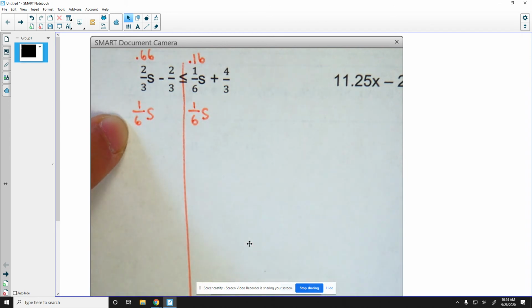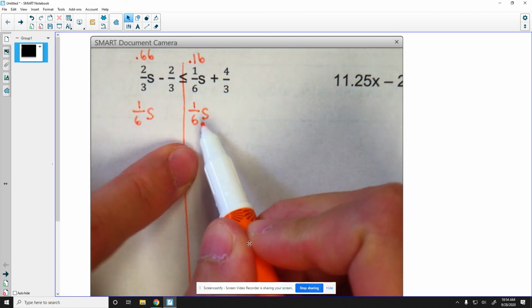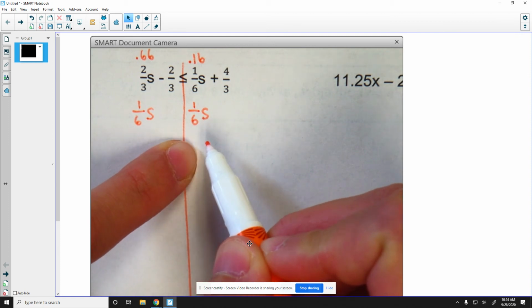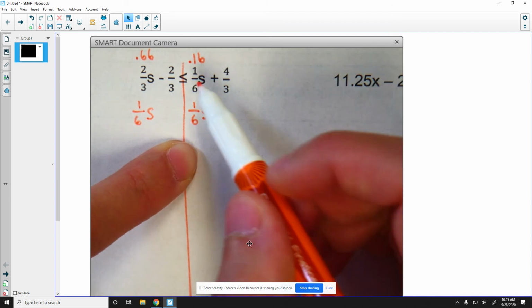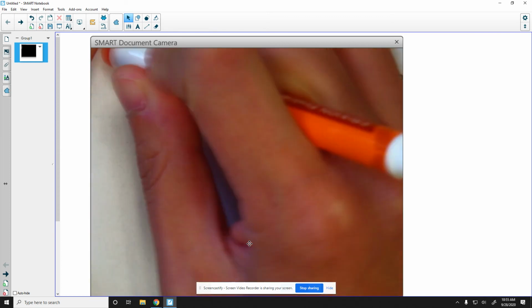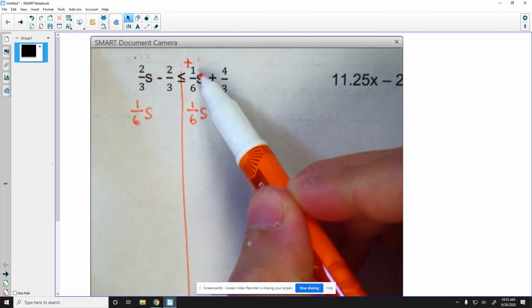Okay, online kids, I haven't forgotten about you. Can someone shout out or type, how do I move this 1/6 S? Add, subtract, multiply, or divide. Someone online. Multiply. Very close. But here, what you would want to do is look at the symbol before, which is an imaginary positive, and do the opposite.